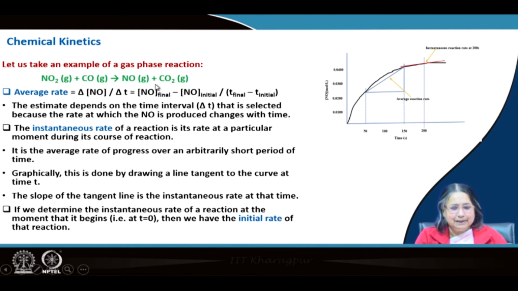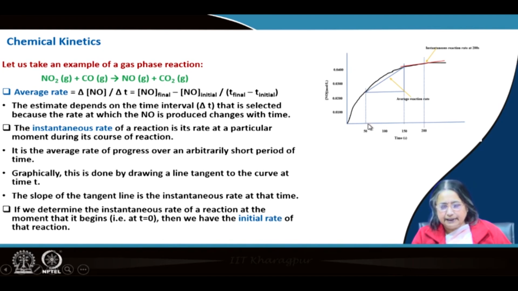Say for example, here the same example, here the concentration of NO you are measuring, that is one of the products. So, the concentration will increase, and the curve will be like this. If you want to determine the average speed between 50 and 150, the time is in seconds.